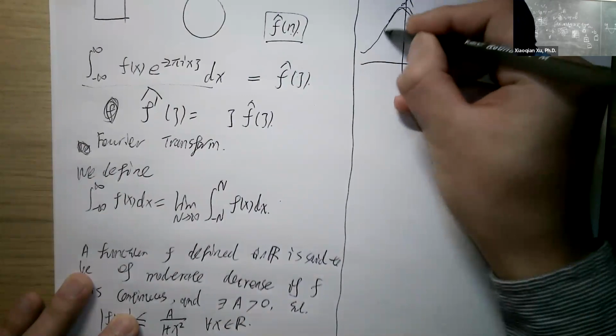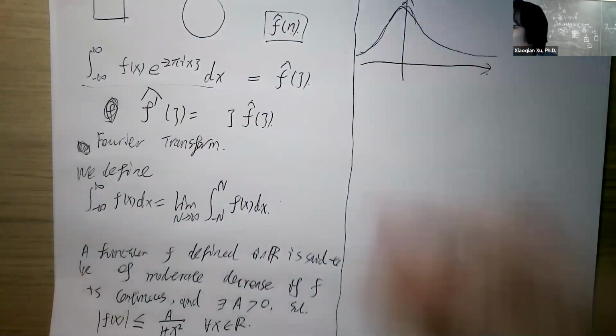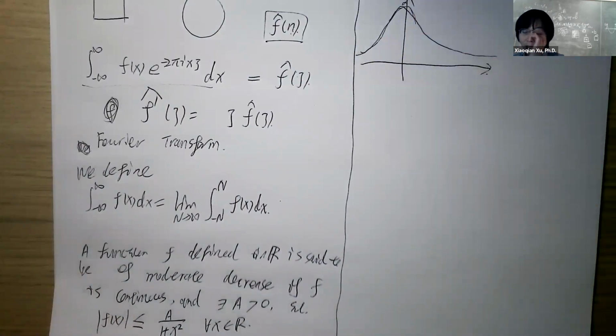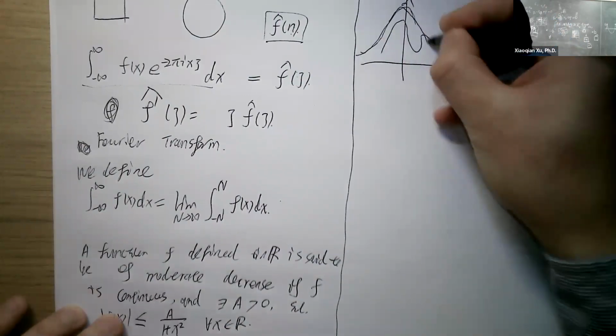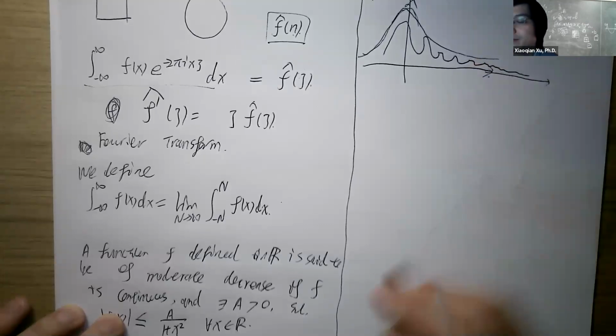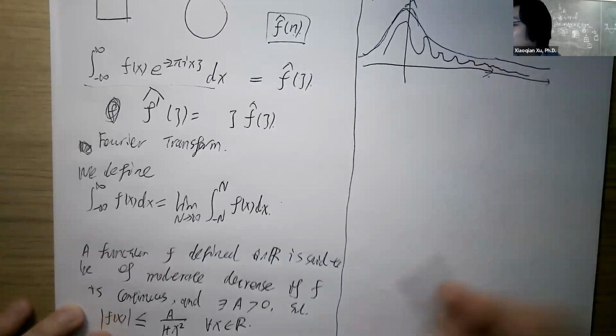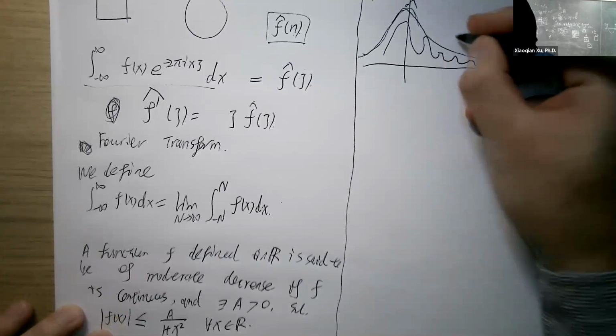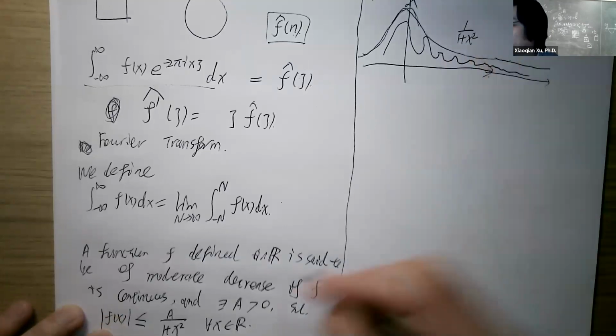It's smooth. And your f could be anything. It may not be monotonic. But what we want is your function not to be very big eventually. It can be bounded above by this 1 over 1 plus x squared.